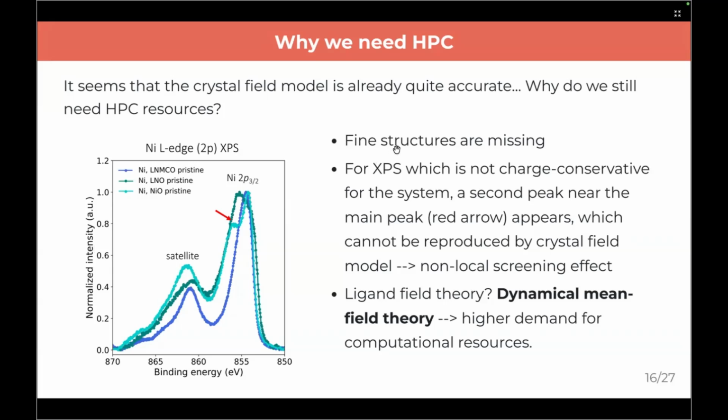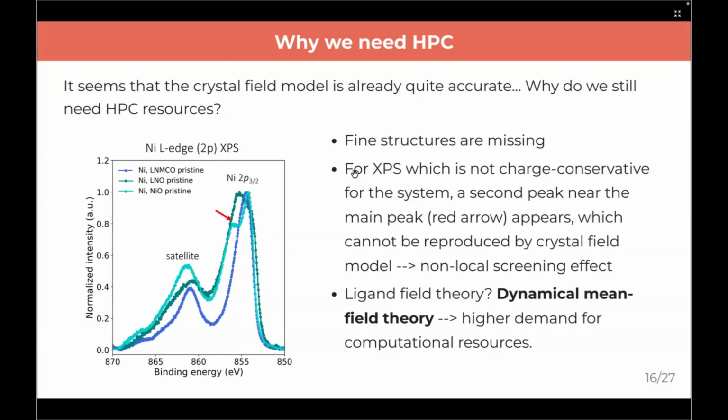Here I first gave an example of X-ray absorption, but in the case of photoemission, for example, you excite one core electron to the vacuum, so this is no longer a charge-conserving case.